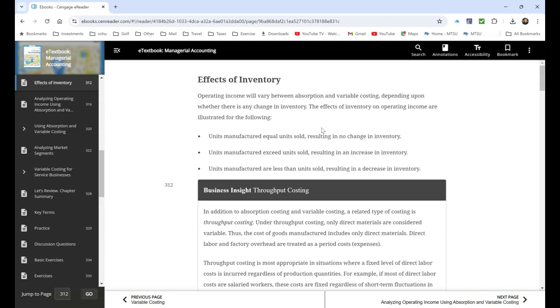Now there is an impact depending upon how much inventory you produce. If you produce the same amount of inventory as you sell, then absorption costing and variable costing are going to give you the same amounts. But if you produce more units than you sell, then under absorption costing your net income is going to be higher than under variable costing.